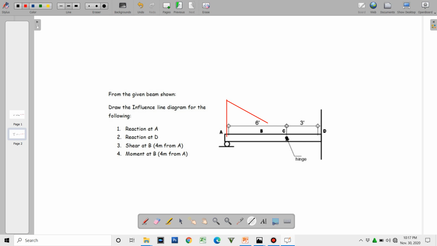It will tend to rotate at C, so there will be no movement along this restrained portion CD. This is equal to 1. So that is for the reaction at A.